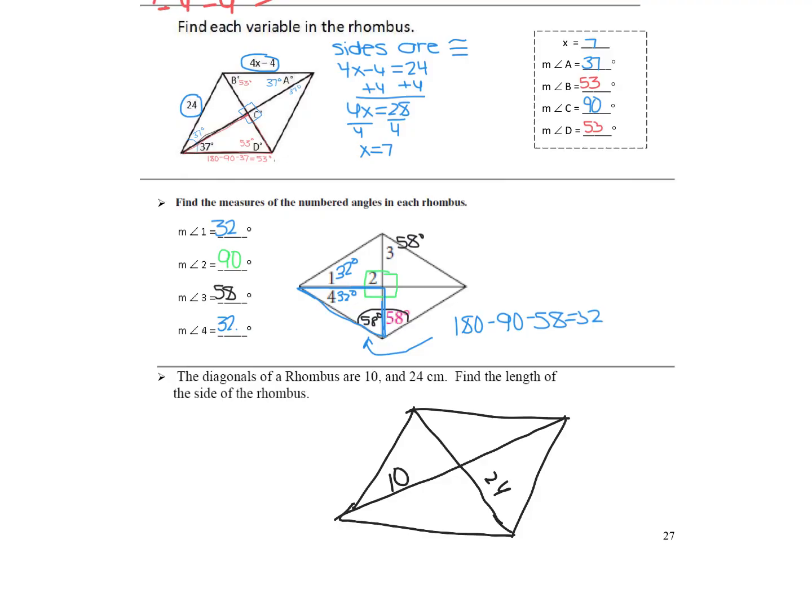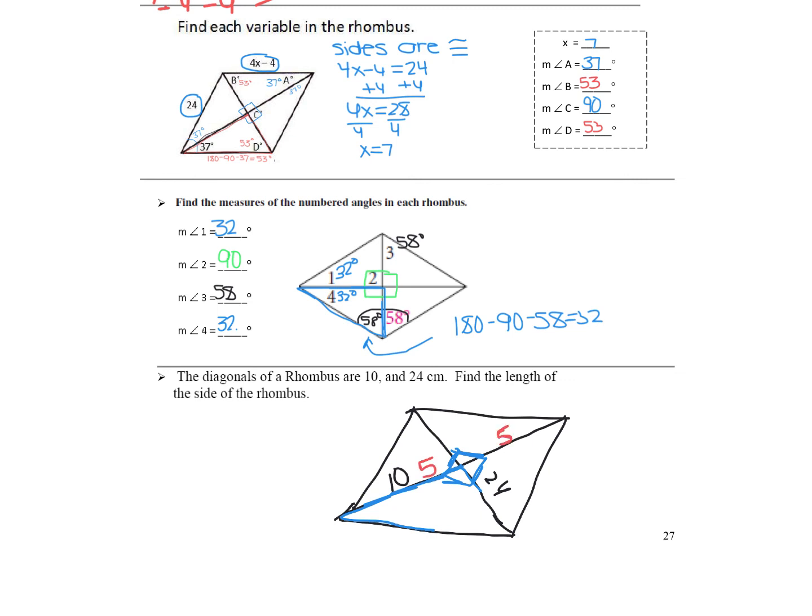So, best way that we could do this is we know we have lots of triangles here. Okay, we know that those diagonals are perpendicular, so in the center are going to be all 90-degree angles. The other thing that we know is that the diagonals bisect each other, therefore they split the diagonal in half.